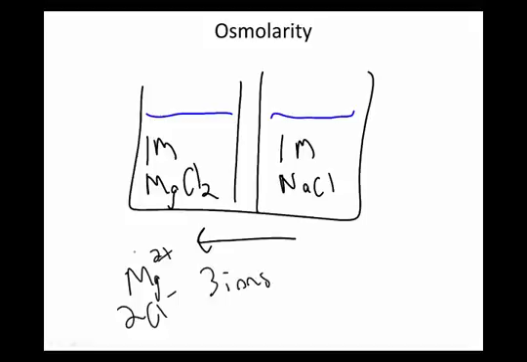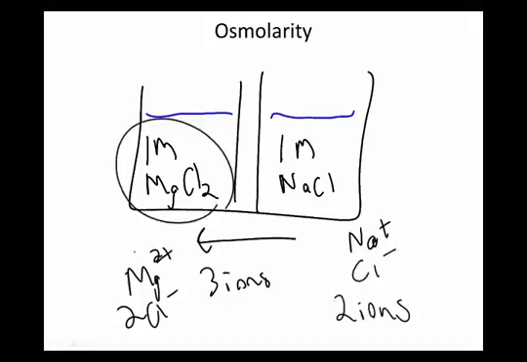Sodium chloride dissociates into 1 sodium ion and 1 chloride ion for a total of 2 ions. So this one has an effective concentration of 3 molar ions. This one is only 2 molar. Right? Because it doesn't matter what the things are, it just matters how many moving bits there are. And this one has more moving bits than this one.